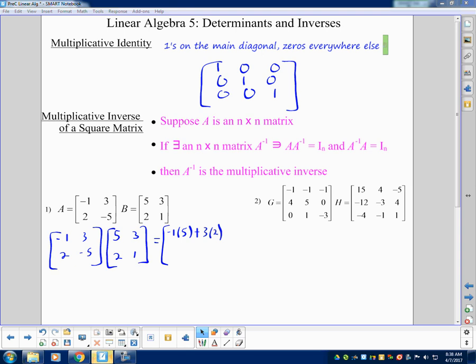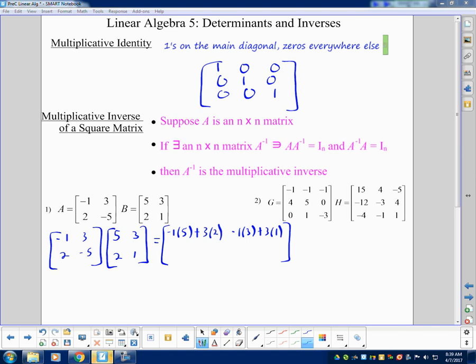All right. And then the first row times the second column is going to be -1 times 3 plus 3 times 1. And that's the second element of the first row.